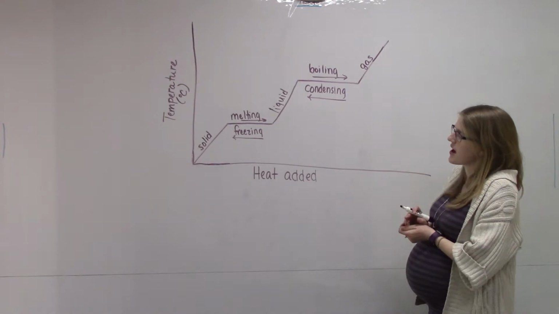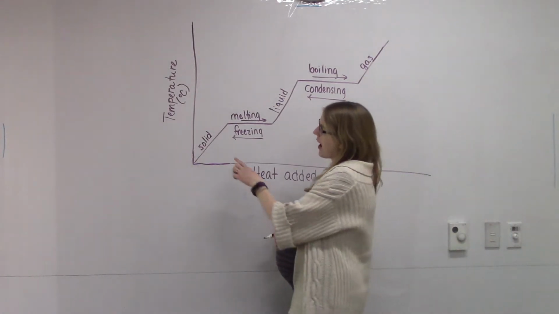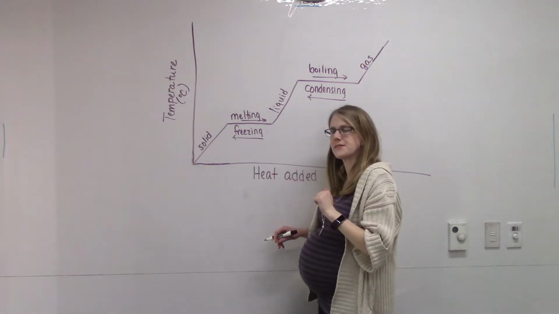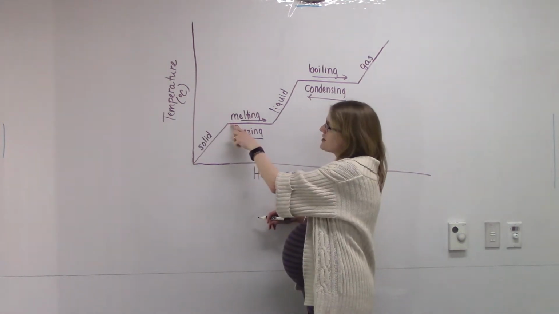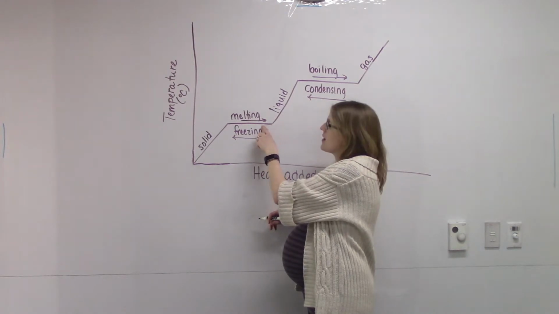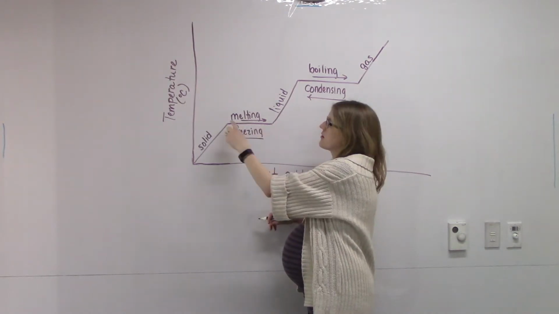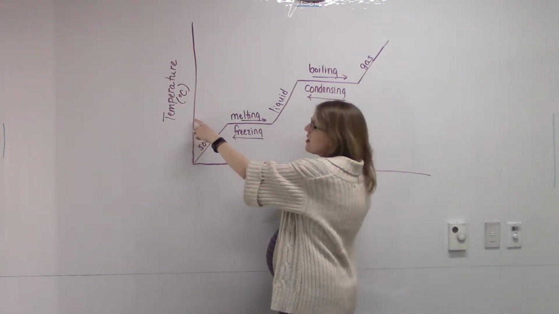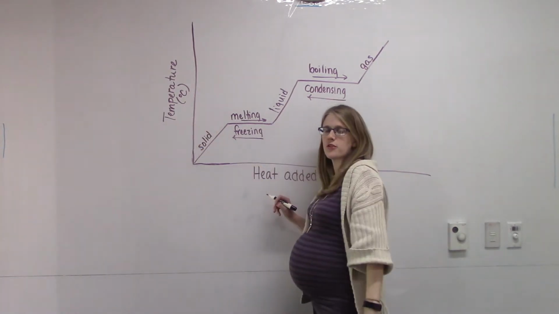Now, let's see what's happening here. As we add heat to a solid, what happens to its temperature? It increases. Look, what is happening to the temperature as the substance is melting? We keep adding heat, but we're still right here at the same temperature.